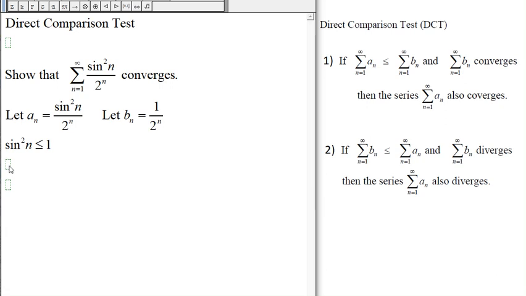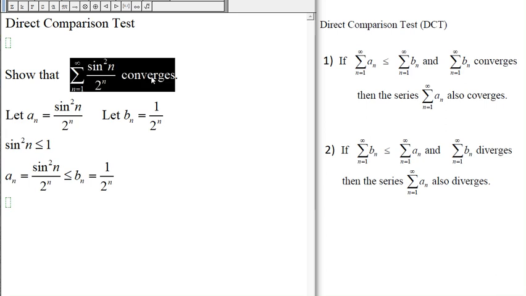And so we can see that this series right here is less than or equal to this, because sine squared of n is always going to be less than or equal to 1.